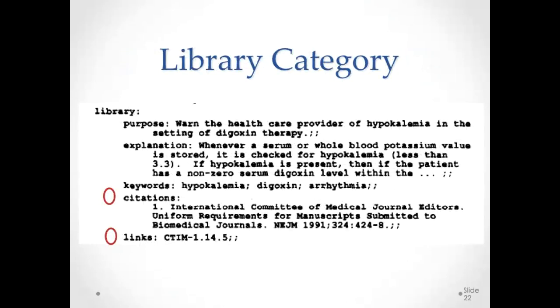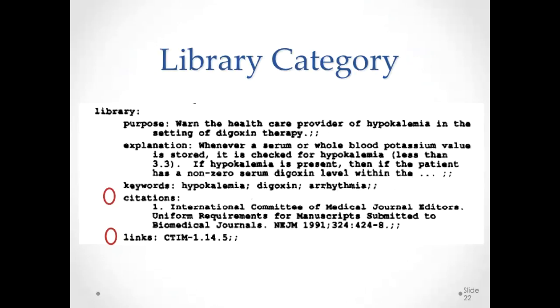The library slot or portion of the medical logic module would have information about the purpose of the MLM so that other people that came later could pick it up and understand it. It would have an explanation of the algorithm for the medical logic module. Some keywords, for example, if you want to search and find, once you start writing these, you can get in the hundreds or thousands of rules that an institution has to manage.